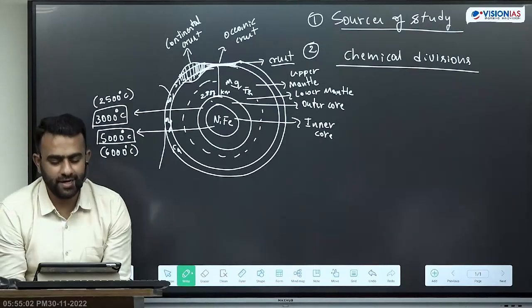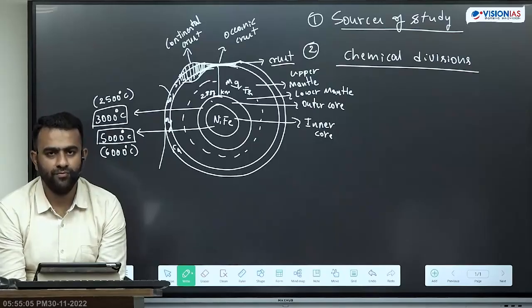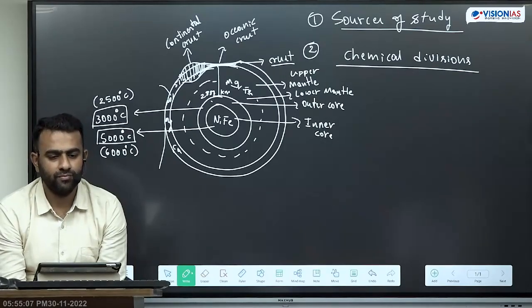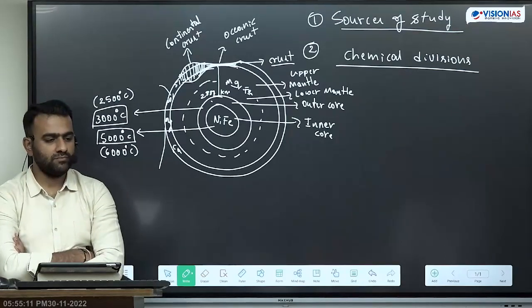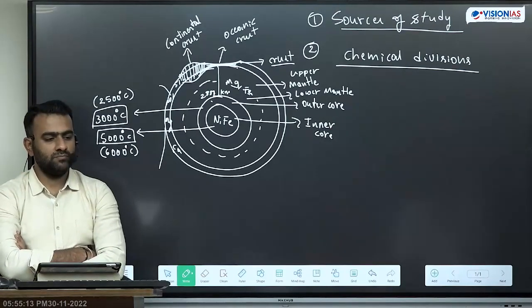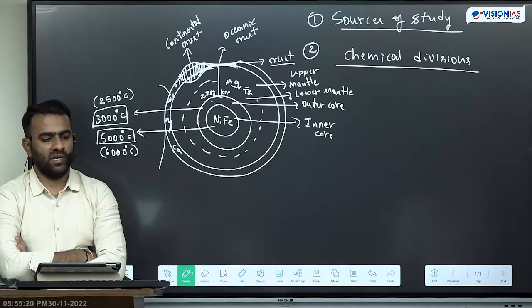It is divided into outer core and inner core.